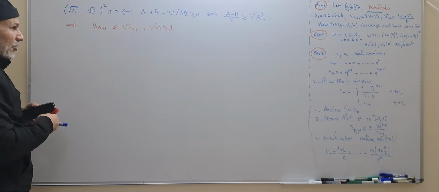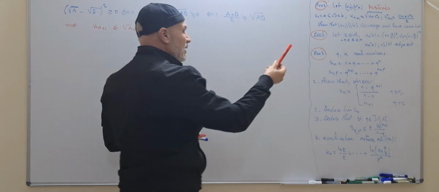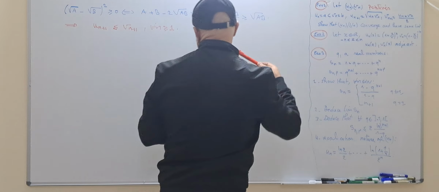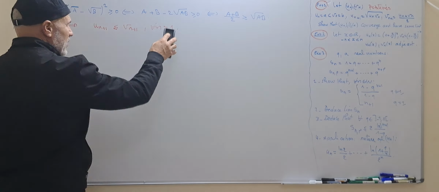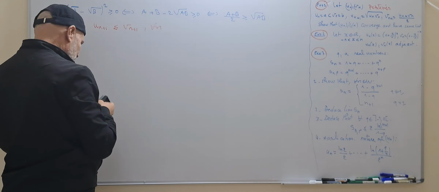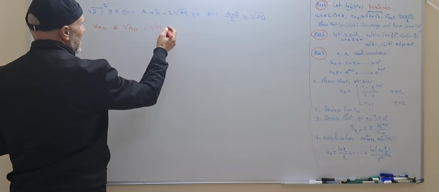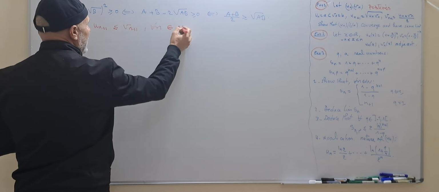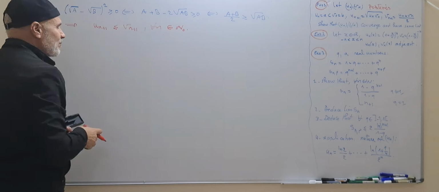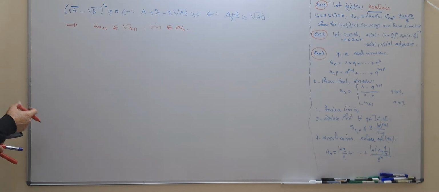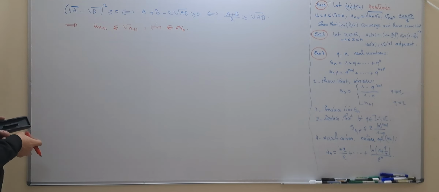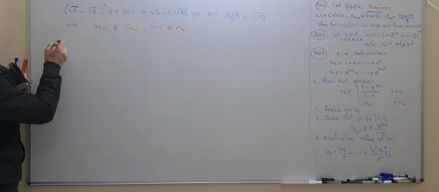And since u0 is less than v0, this holds for all n in the natural numbers, starting from 0. This is the first point.